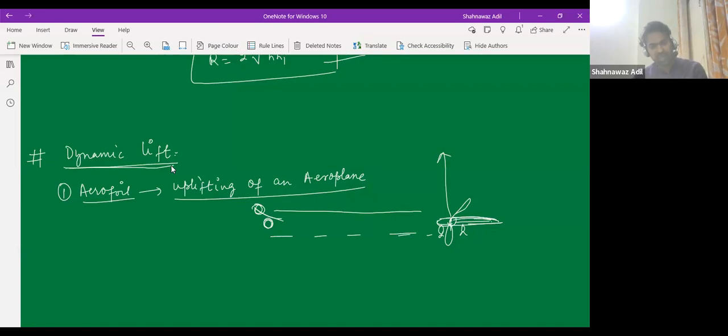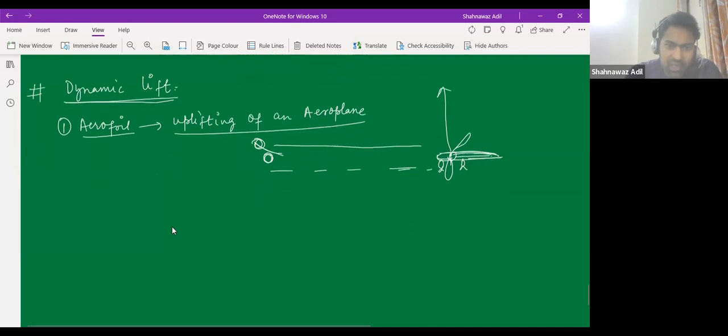So you see that the wings of the aeroplane have specific structures, and due to that, they have some different effects.